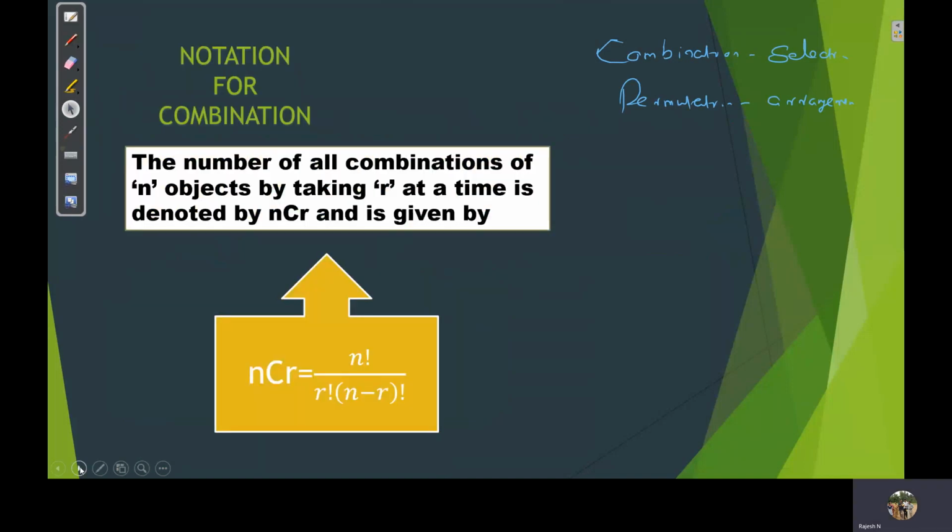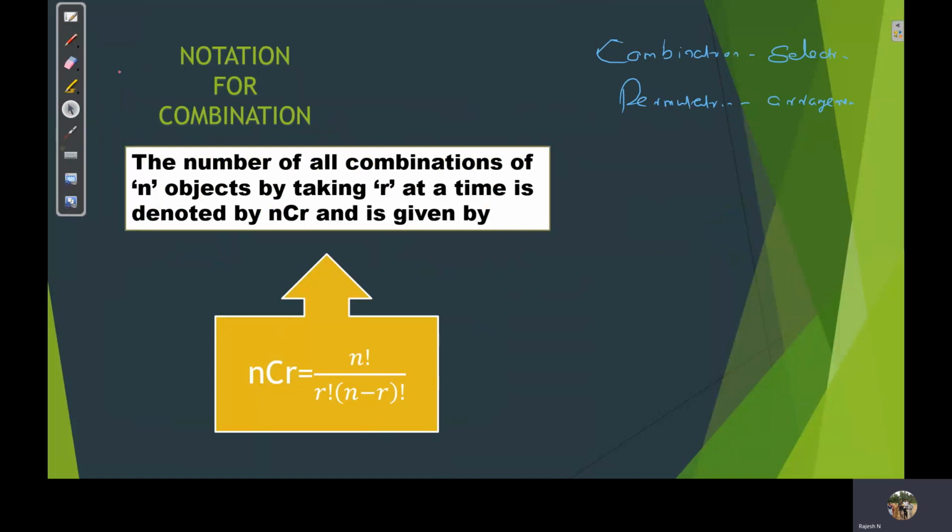Now, the notation for combination is nCr. What is nCr? nCr is equal to n factorial by r factorial into (n minus r) factorial. I will explain how it is coming, but this is the formula.